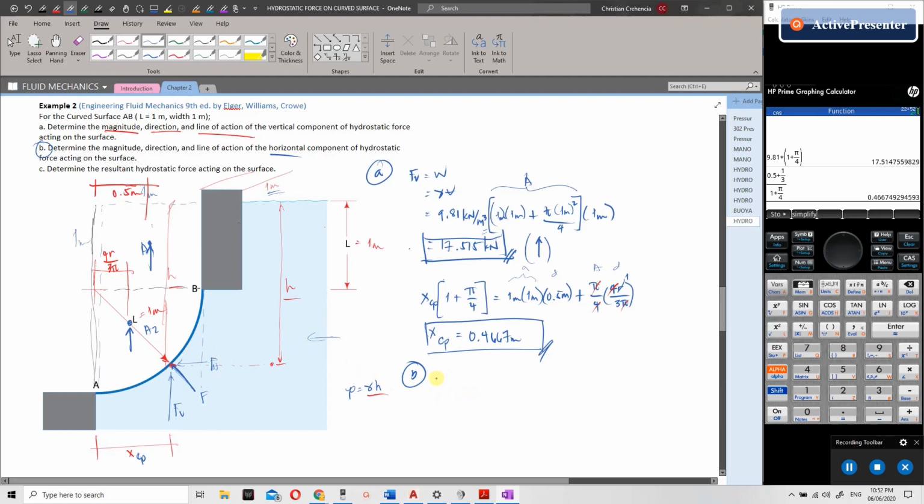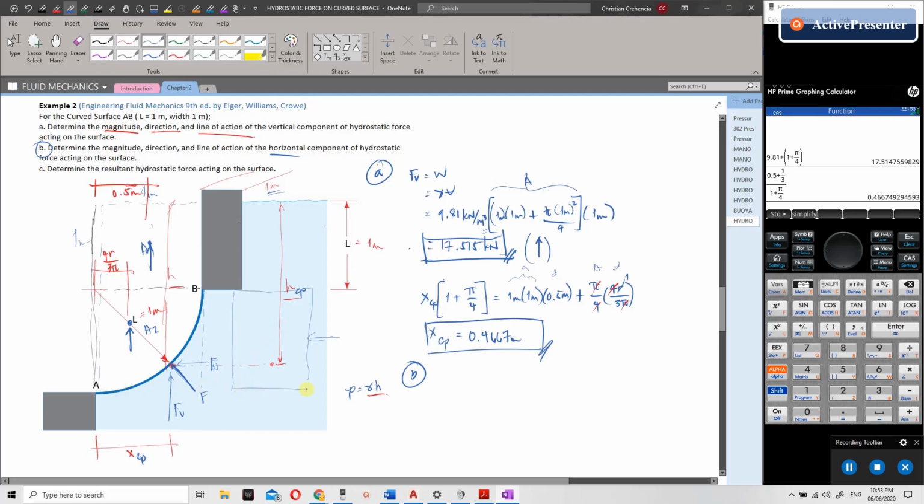Then the H bar, this is HCP since it is the center of pressure. Again, we project the area, so let's say 1 meter by 1 meter.